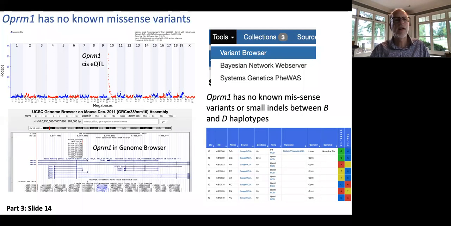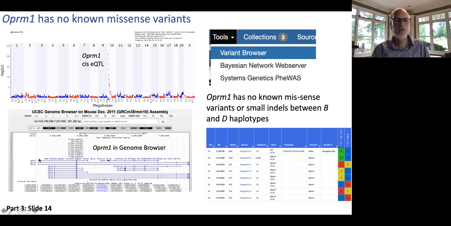In this case, we can say something. We can say there are no protein coding variants in this gene segregating in the BXDs. That's what I'm showing you here. We can look at the OPRM1 cis-eQTL in the upper left. It's a whopper, a minus log P of 20-some.